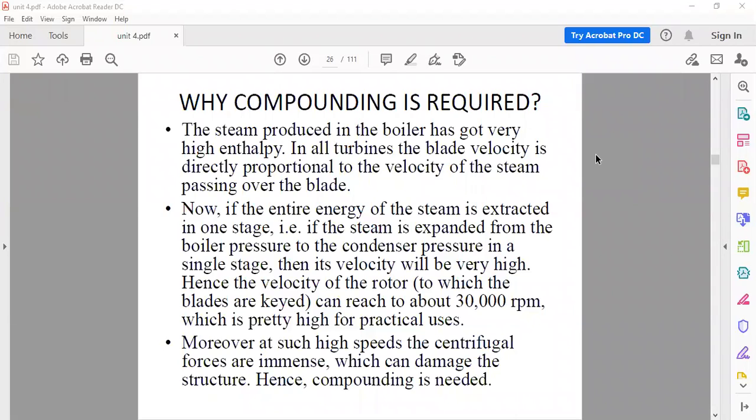Prasad? Are you there? Rishikesh Moge? Yes, sir. Vikran? Yes, sir. Sir, no doubts. Okay. And the next lecture will start at 12 a.m. Continue from why compounding is required.